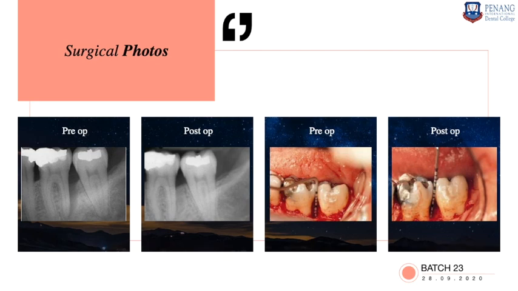In the clinical pictures, you can see a UNC 15 probe has been used to evaluate the preoperative probing depth, and a UNC 15 probe has been used to re-evaluate the post-operative probing depth. You can see the amount of regeneration achieved, almost around 6 millimeters of regeneration achieved post-operatively after the regenerative surgery. This was done after 6 months.